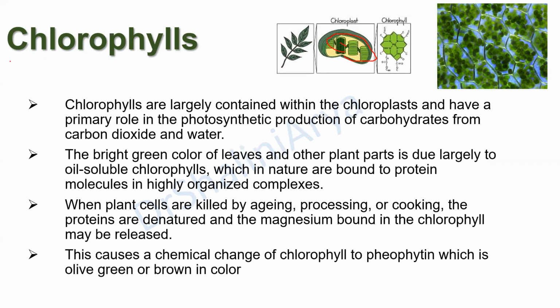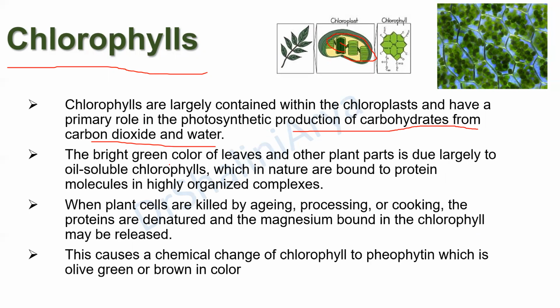I'm sure in chemistry of food constituents you have already studied these pigments. Chlorophyll is within the chloroplast, and it has a role in photosynthesis, that is, the photosynthetic production of carbohydrate from carbon dioxide and water in presence of sunlight.